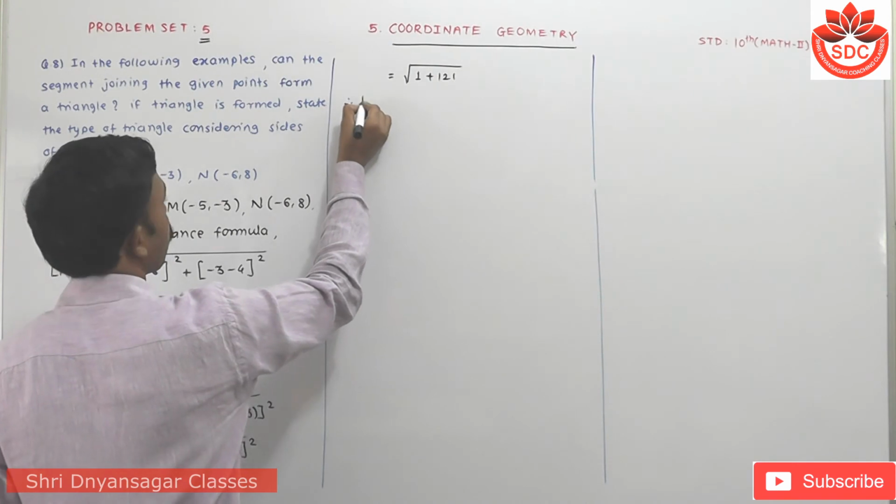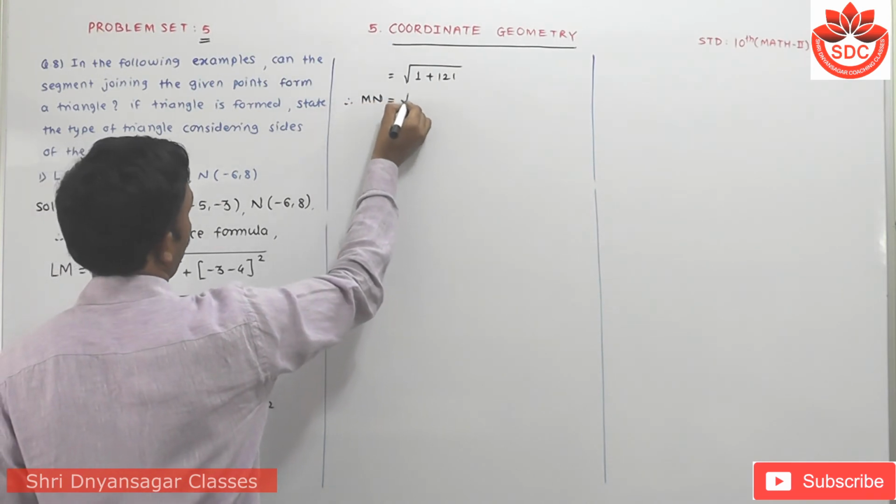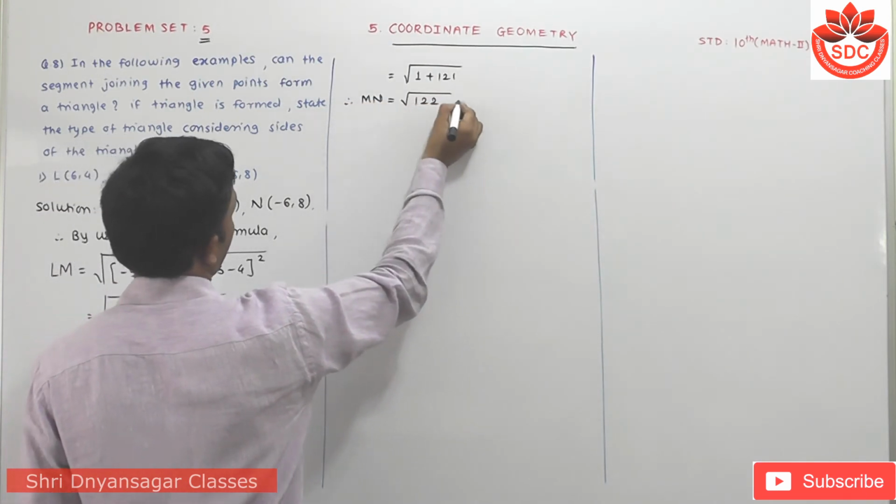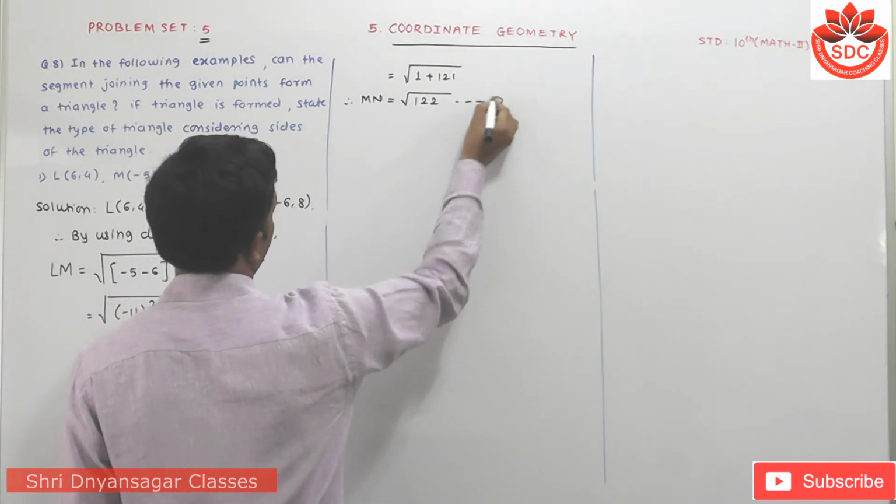Therefore MN equals root of 122. Suppose this is equation number two.